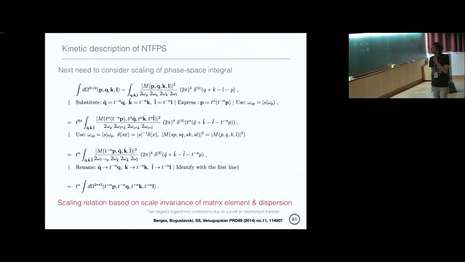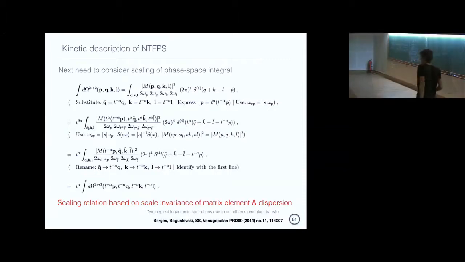So you do a bunch of changes of variables. Then there will be scaled arguments appearing in your matrix element. But since the theory is scale invariant at the leading perturbative level, this matrix element is also scale invariant, and you can again pull out these prefactors of time.